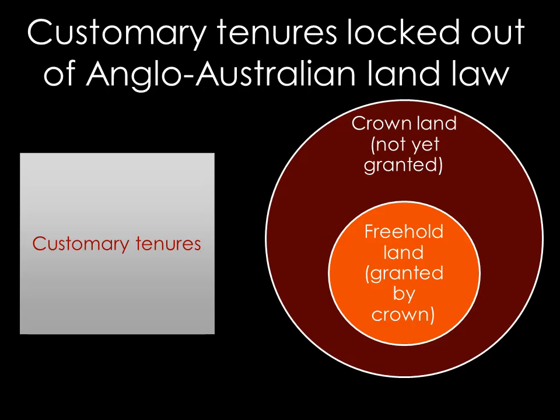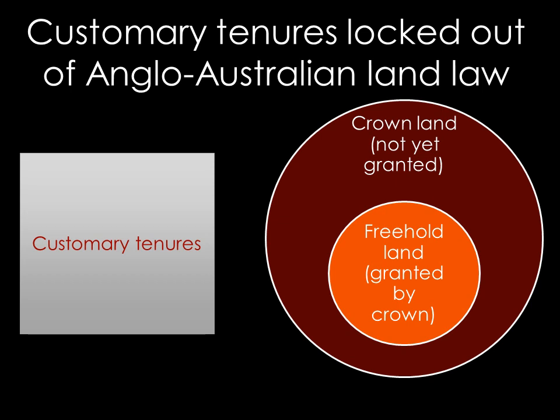So let's see the answer to this question, and what is illustrated in the diagram that you see now is that the effect of the doctrine of tenure is that it locked customary tenures completely outside of Anglo-Australian land law. There was no possibility for contemplating or incorporating customary tenures into the system of landholding in Australia.